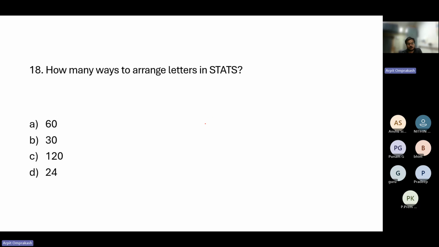Can someone tell me how we solve these kinds of questions? Someone says it's 60.